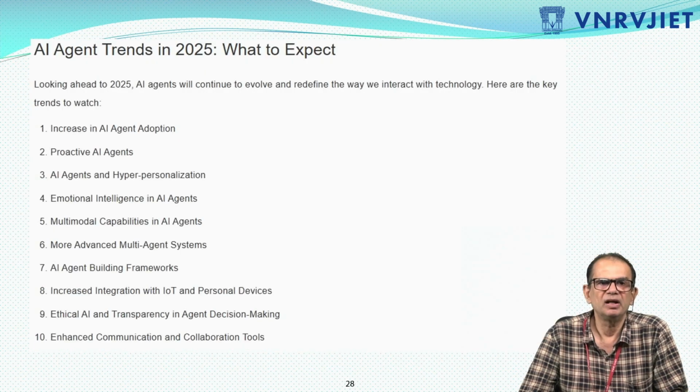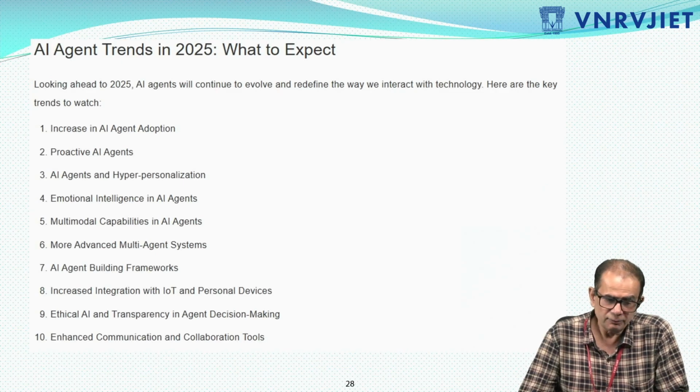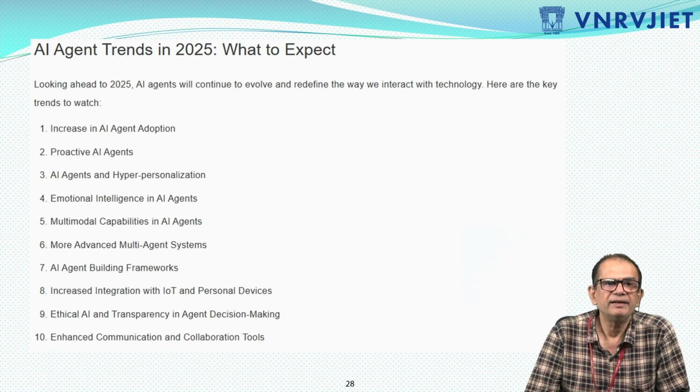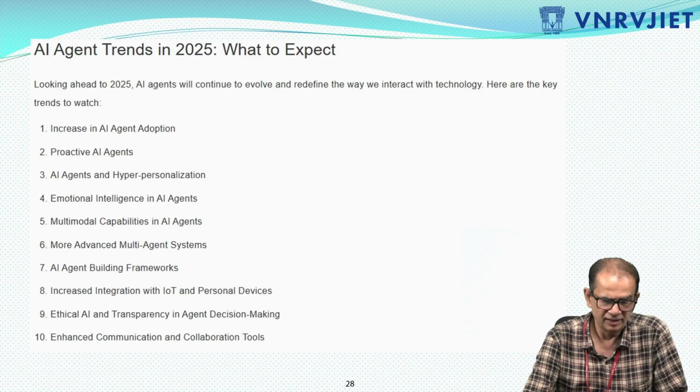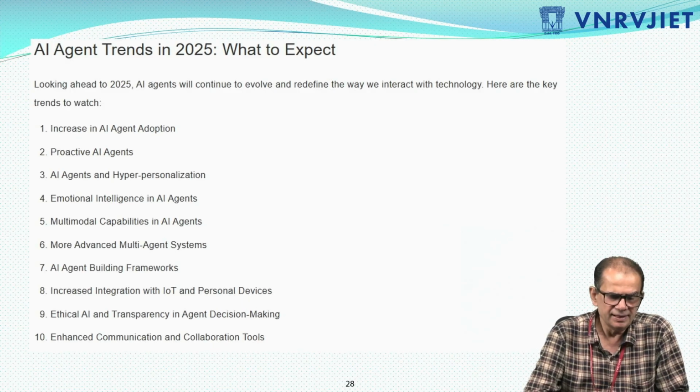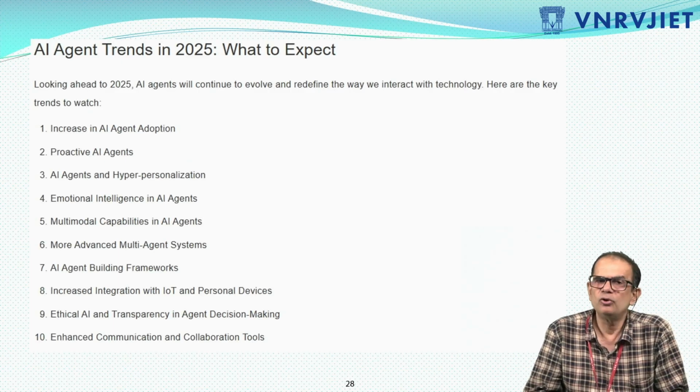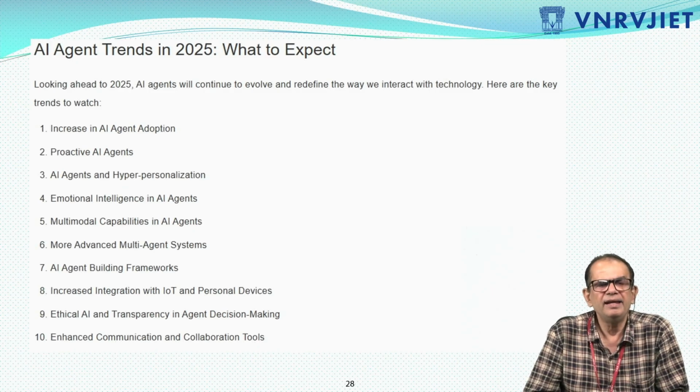Okay, now some of the trends in this particular year: we are seeing an increase in AI agent adoption. Please go to any industry and you will find that they are going to have agentic AI developed.